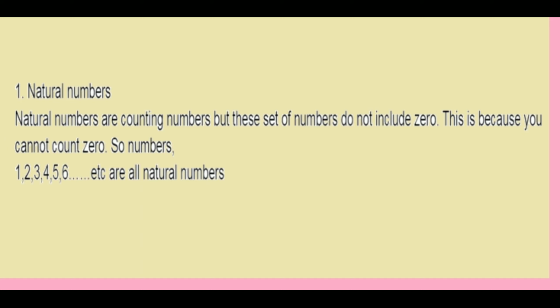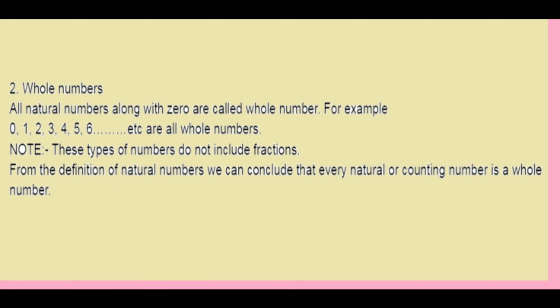So natural numbers are what here? 1, 2, 3, 4, 5, 6 are called natural numbers. What are whole numbers here? All natural numbers along with 0 are called whole numbers. For example, 0, 1, 2, 3, 4, 5, 6 are called here whole numbers.